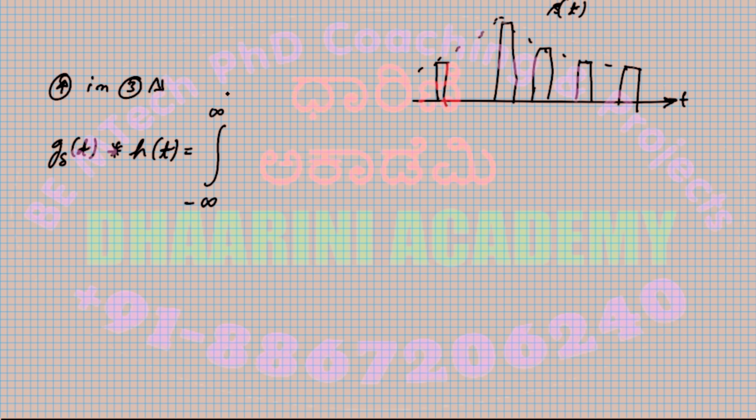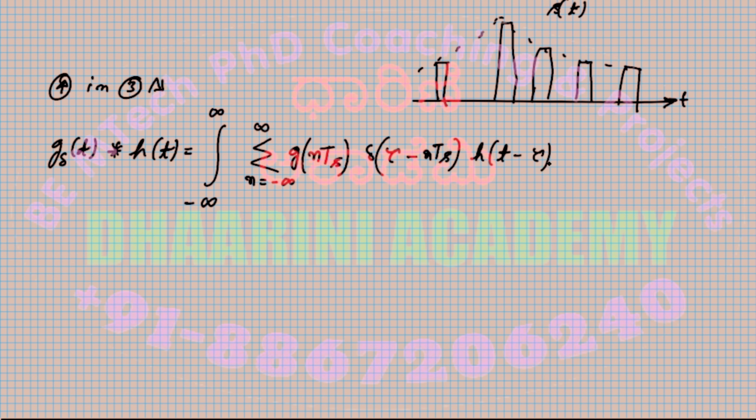Instead of g delta of tau, I am writing this, so I have a summation from n equal to minus infinity to plus infinity of g of n ts delta of, it's not t, it's tau now, so tau minus n ts, into h of t minus tau d tau.